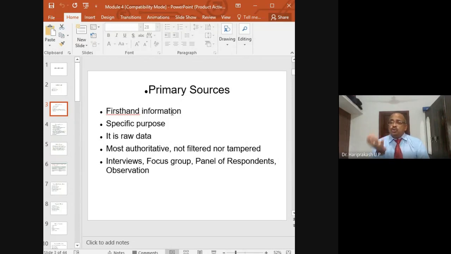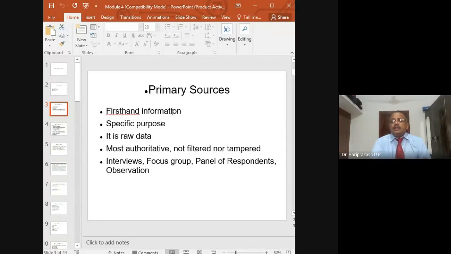You don't know how it was collected, who collected it, when it was collected. Yes, it is there, but what is the accuracy of the data? You don't know. But here you know it because you have collected it. That's why it is the most authoritative data.